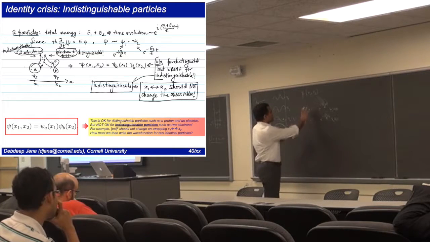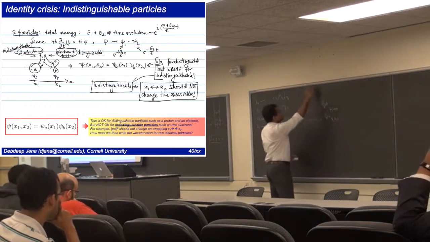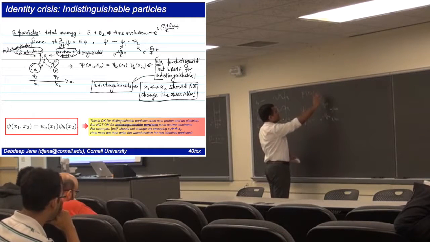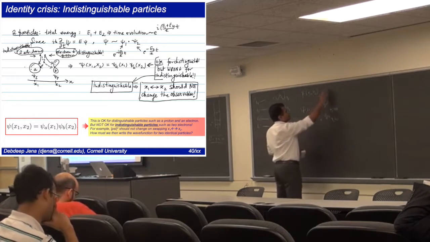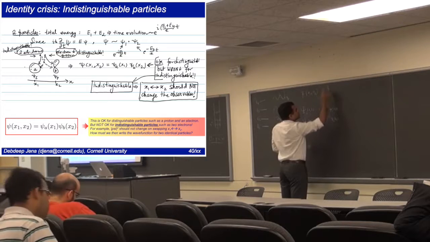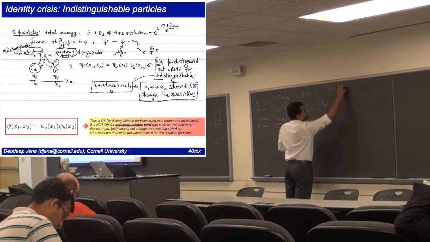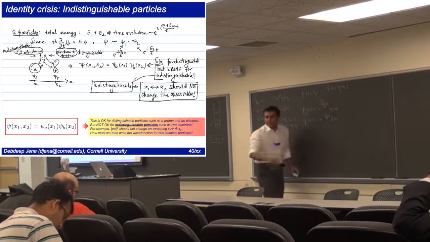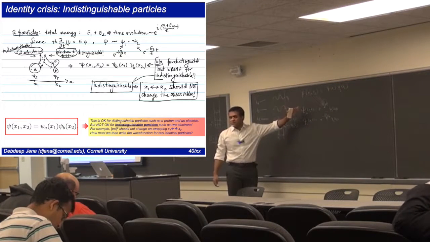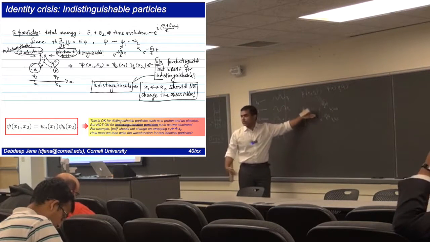But from this picture, at least you can see that the two-particle wave function will be something like psi 1 of x1 times psi 2 of x2. Does that make sense? From this picture, you have to multiply them.